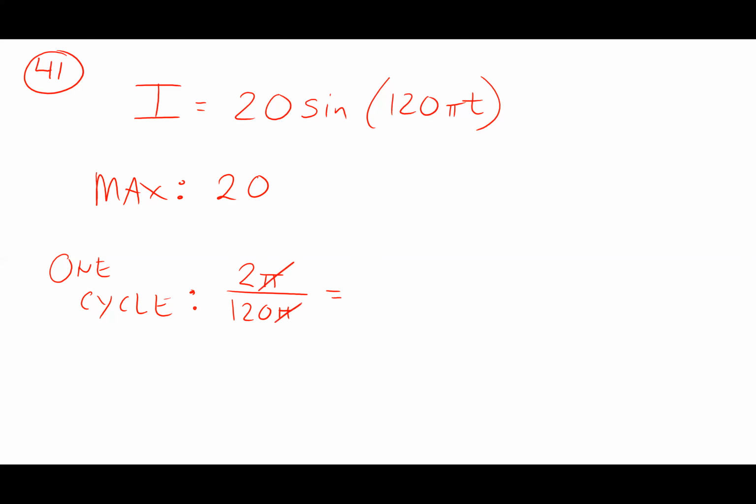So the pi's are gone, and then 1 over 60. There's our one cycle. So it takes 1/60th of a second to cycle up and back on a current.